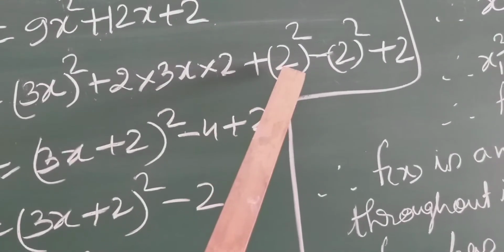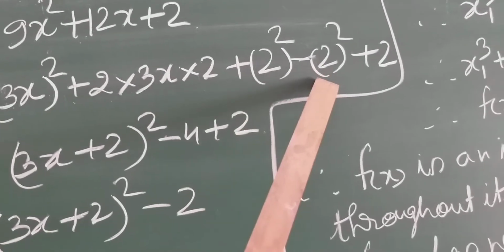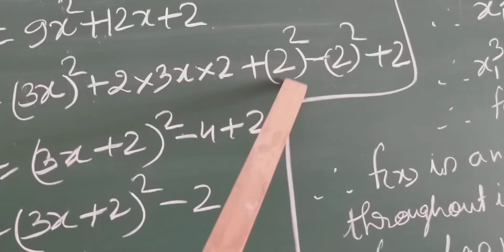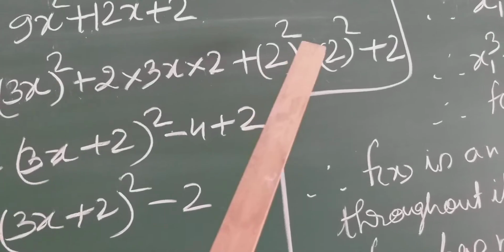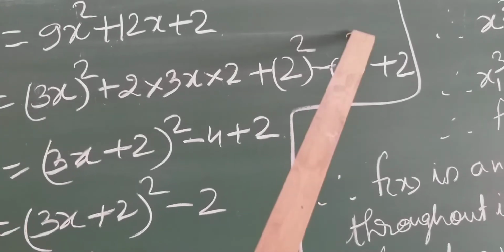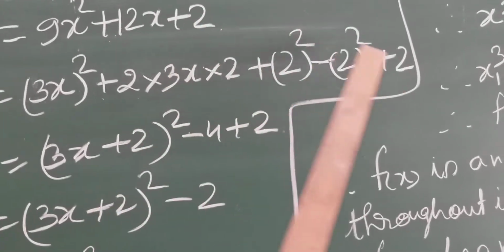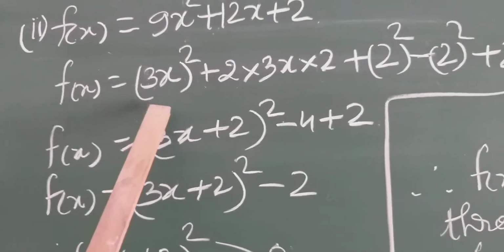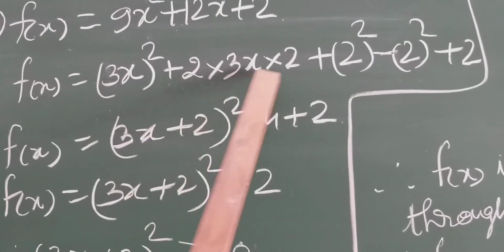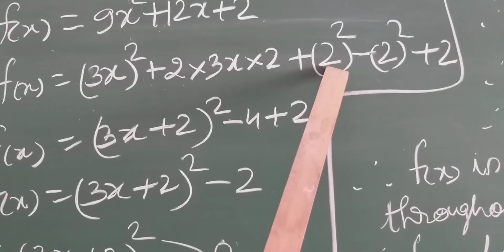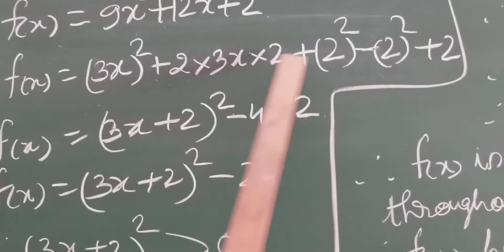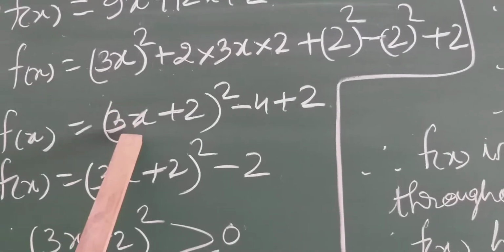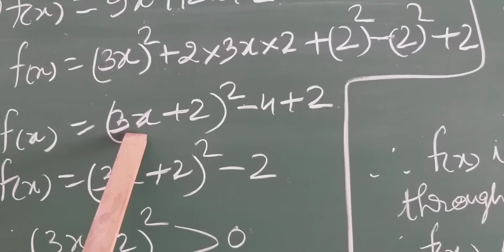For 2ab, now b square we have to add and subtract. So plus 2 square, and the same value we have to subtract also, minus 2 square, and this plus 2 will be as it is. So now it is a square, plus 2ab, and b square. So we can write this part as (a plus b) whole square.